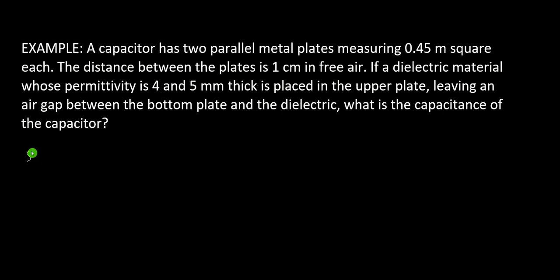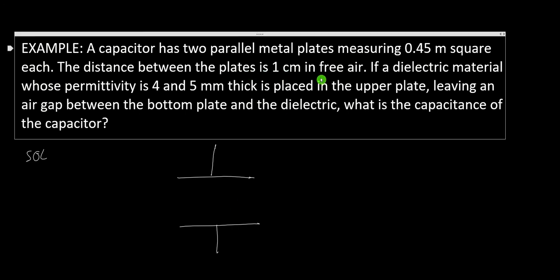In this case, first we have two parallel metal plates, this one and this one. These are metal plates, so these are capacitors. They have the same cross-sectional area. Between them there is 1 centimeter of free air, and a dielectric whose permittivity is 4 and 5 millimeters thick is placed on the upper plate.